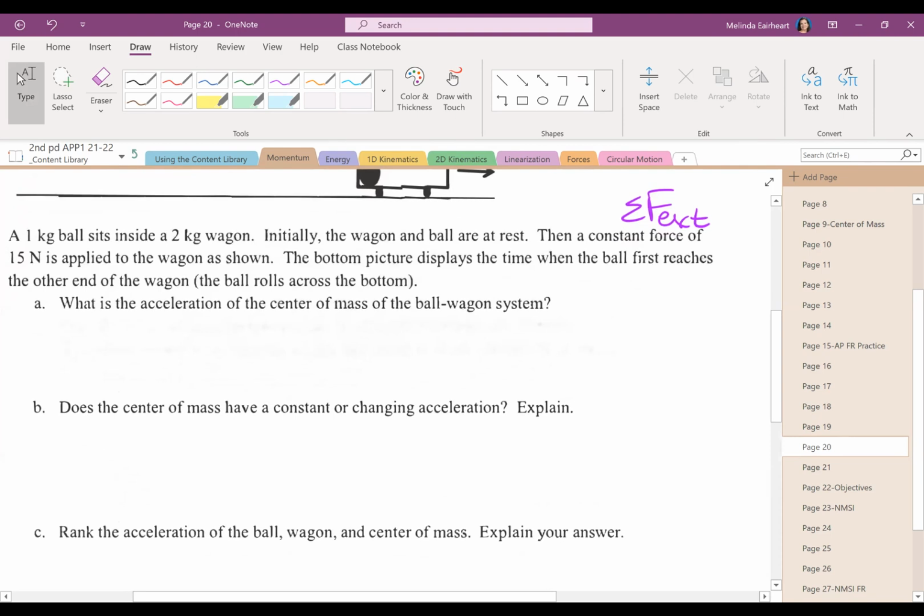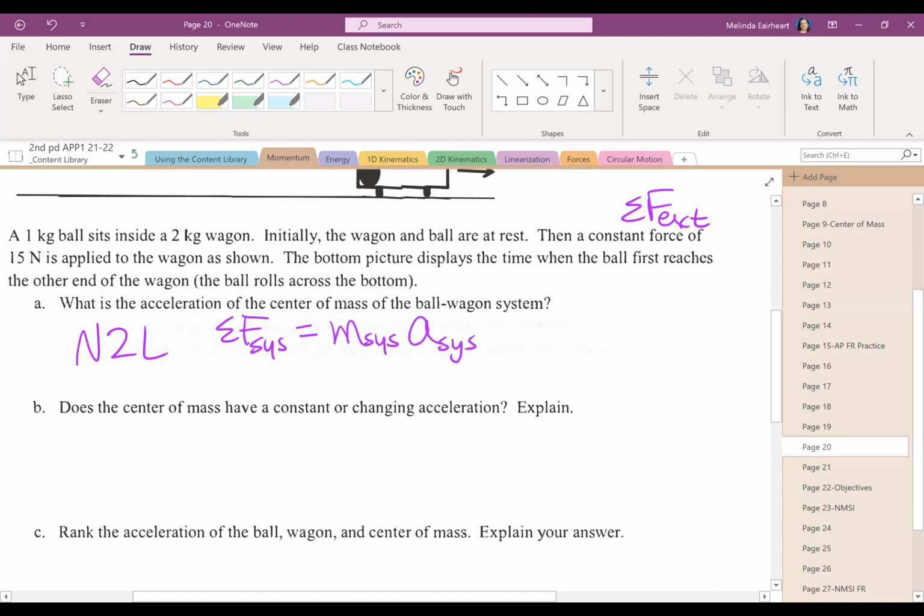What is the acceleration of the center of mass of the ball wagon system? I'm going to pause for a second, see if y'all can figure this one out. Okay, so yeah, if you take a system approach, Newton's second law, F net on the system equals mass of the system times acceleration of the system.